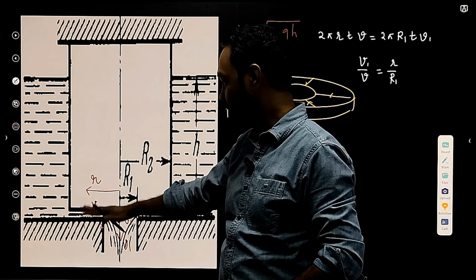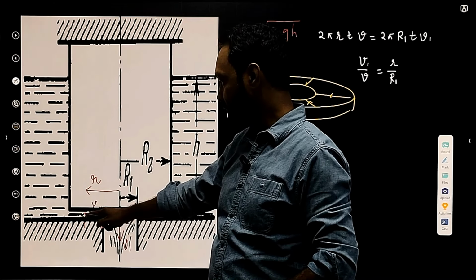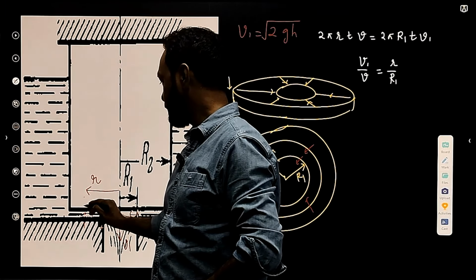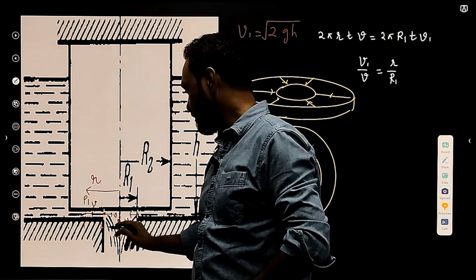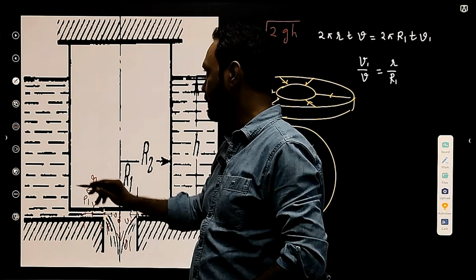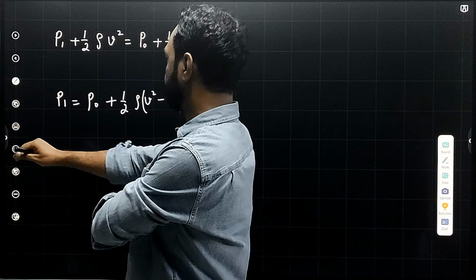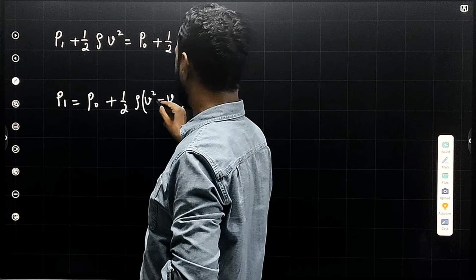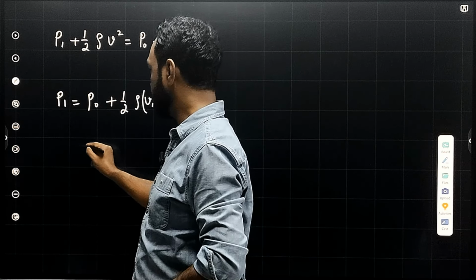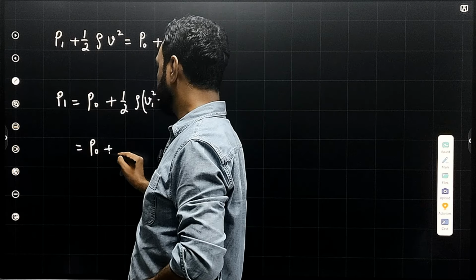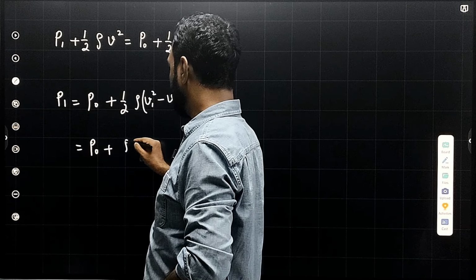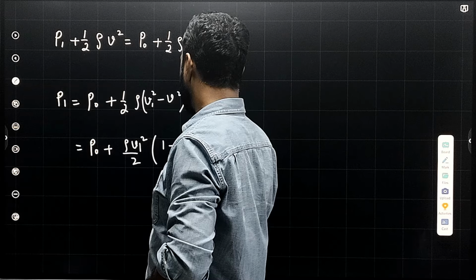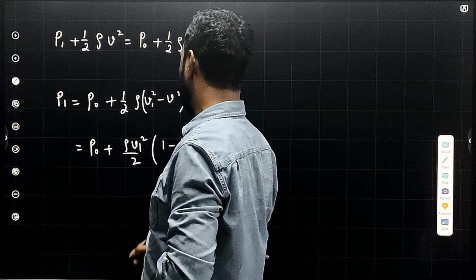So P1 equals P naught plus rho v1 square by 2 times (1 minus v square by v1 square).